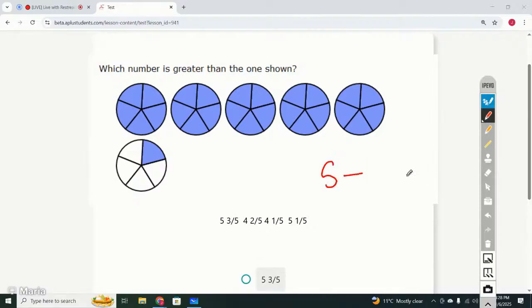That is 5 whole 1 over 5. 5 whole 1 by 5. We need to find the one that is greater than 5 whole 1 by 5. So which number is it?